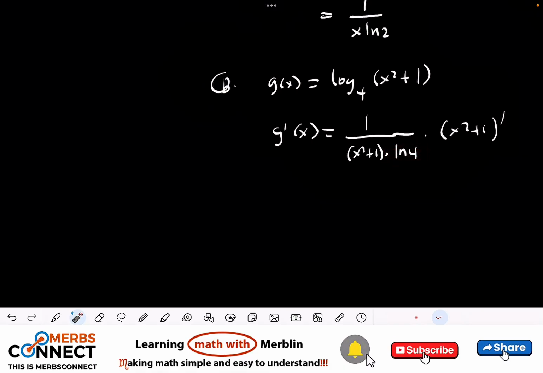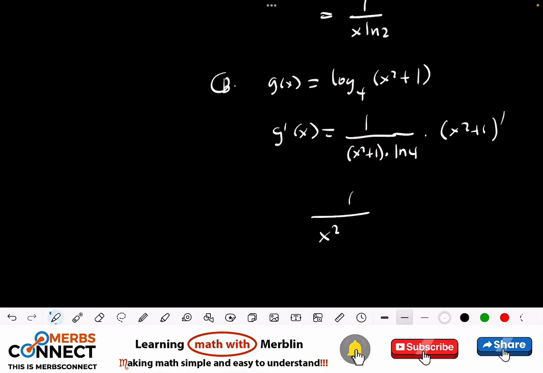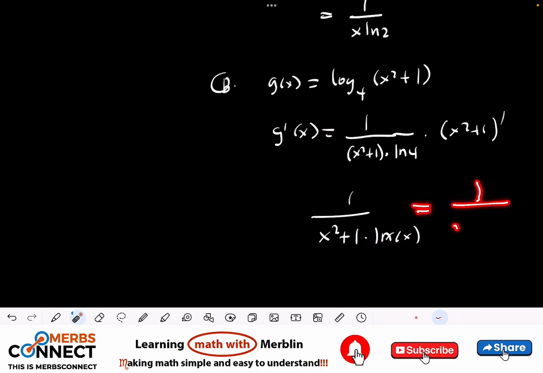So you saw that I placed this one in parenthesis, because if you don't place this one in parenthesis and I write it like this, 1 divided by x squared plus 1 times ln x, I might just think of just this one, just multiplying this, so that my final simplification here will be 1 divided by x squared times ln plus ln x.